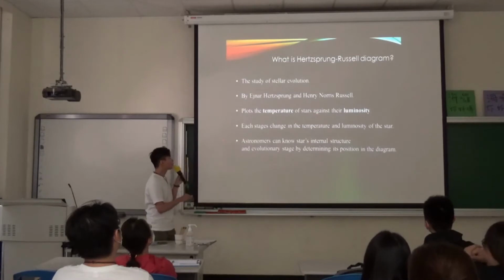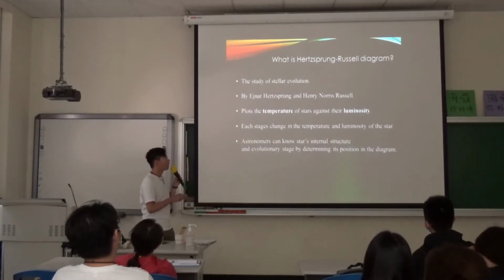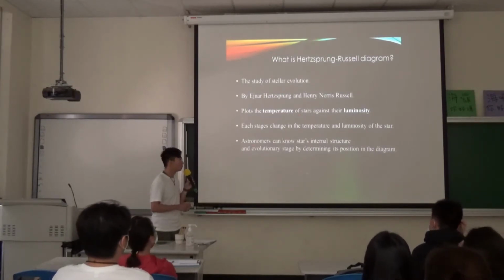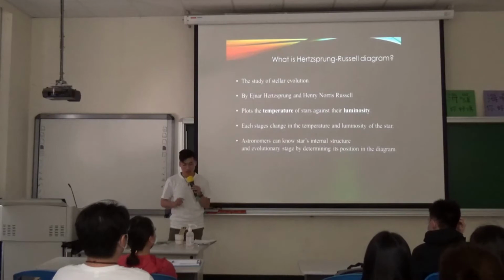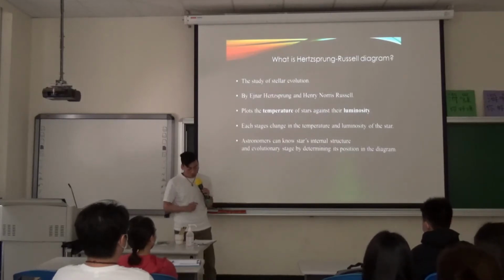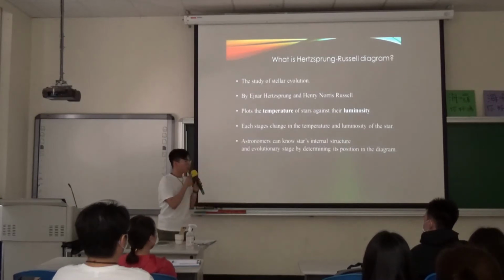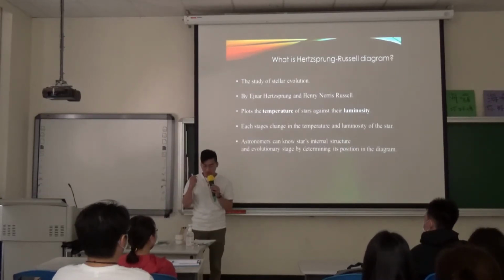And so astronomers can know stars' internal structures and evolutionary stage by determining its position in the diagram. We can only observe the luminosity and color of the stars, right?